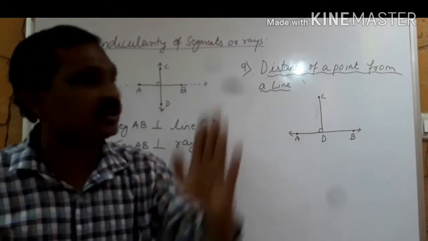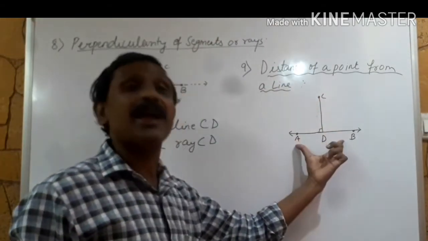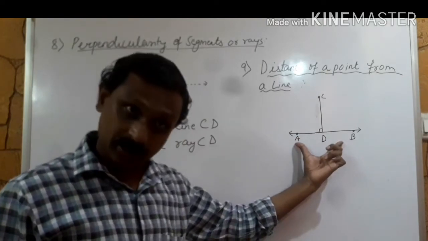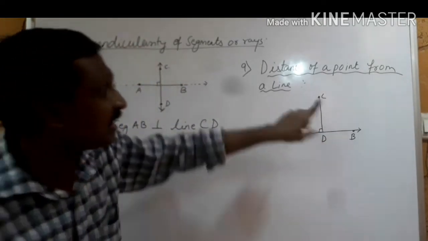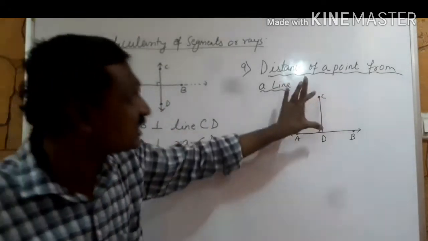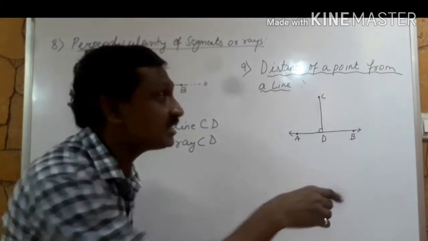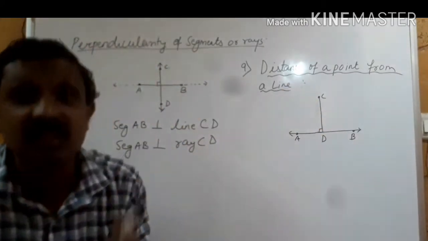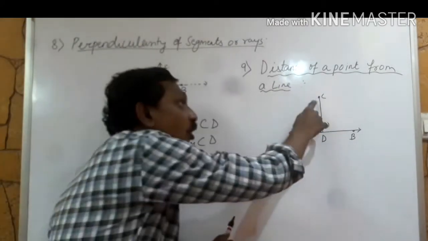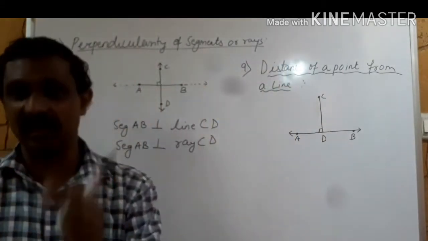Again I am repeating it. If segment CD is perpendicular to line AB, then the length of CD is called the distance of point C from line AB.